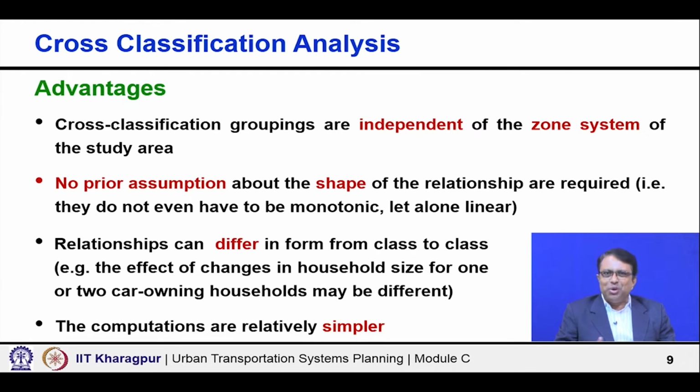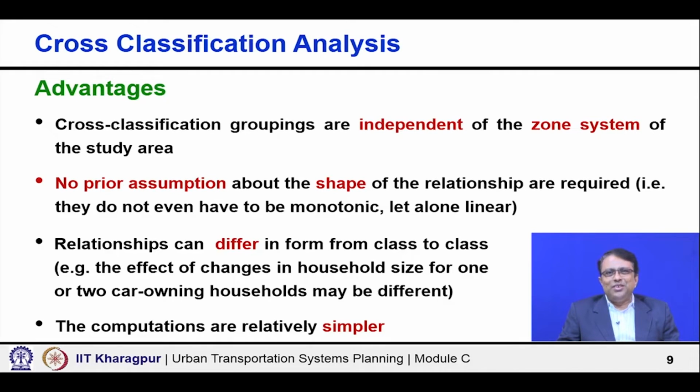That is one way of doing the trip productions and attractions, or the trip generation modeling. The other approach you have seen, with what assumptions, is the cross classification analysis or category analysis. Now, both things are known.